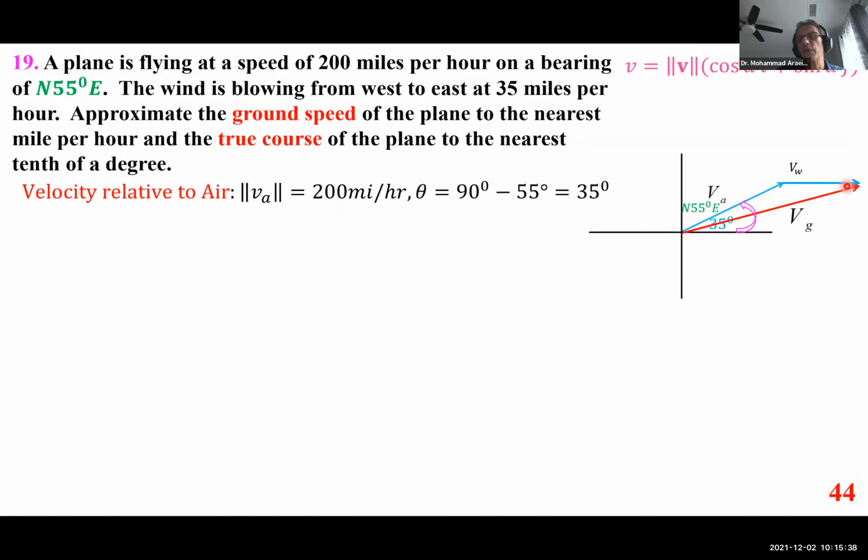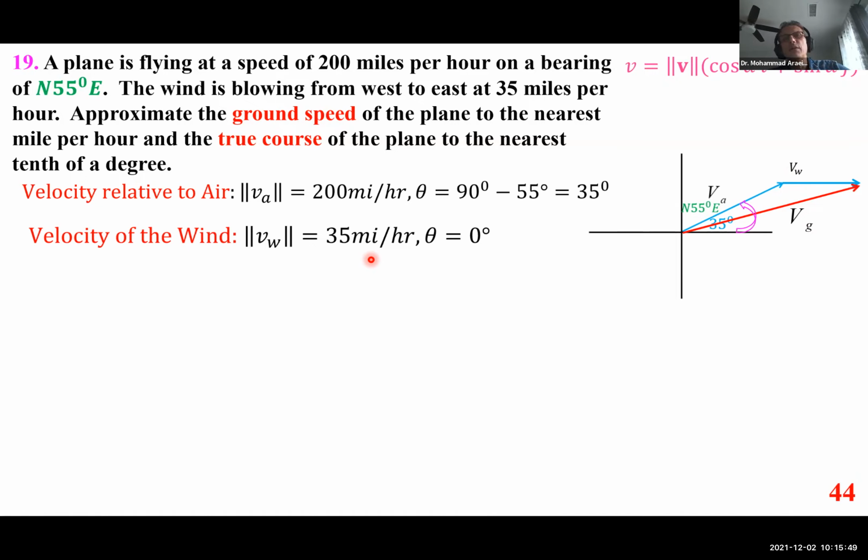The wind is going this way, parallel to the x-axis. So theta is 0 degrees for that, doing 35 miles per hour. So let us write each one using vectors as follows. The magnitude is 200 and the angle is 35 degrees. For this one, the magnitude is 35, the angle is 0 degrees.